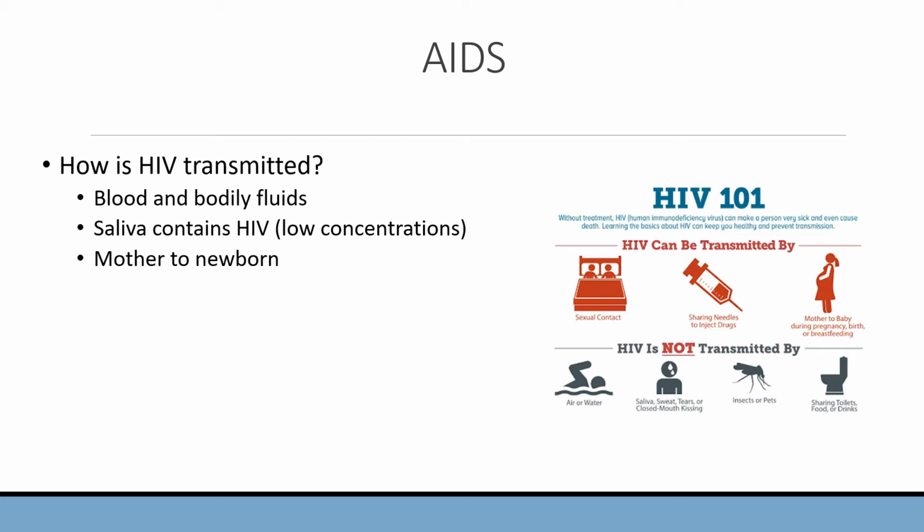Now, it should be noted that saliva does have the HIV virus in it. It is not highly transferred by that mechanism. You have this picture over here, and it says that HIV is not transferred via saliva, sweat, tears, or closed mouth kissing. Closed mouth kissing is definitely correct.